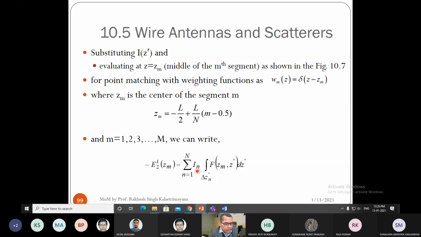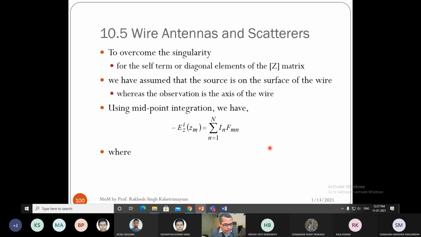So summation n going from 1 to capital N, I_n B_n. B_n has a value of 1 only over this interval, delta z_n dash. Outside that it's 0 because B_n is a pulse function. That's why this integration is over the range of delta z_n only, and we are also making an observation at z_m.